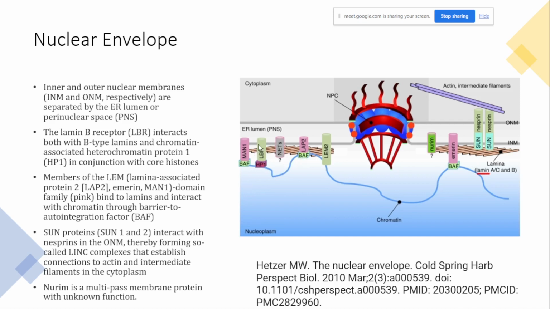Like LBR here, which interacts with lamin and also interacts with the chromosome through the mediator HP1, similarly LAP2 interacts with lamin and interacts with the chromosome through this BAF protein.